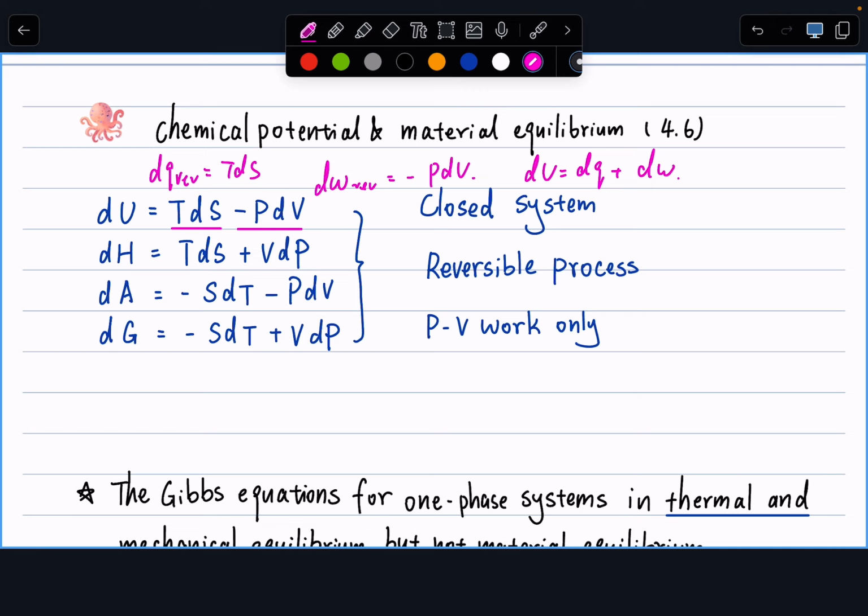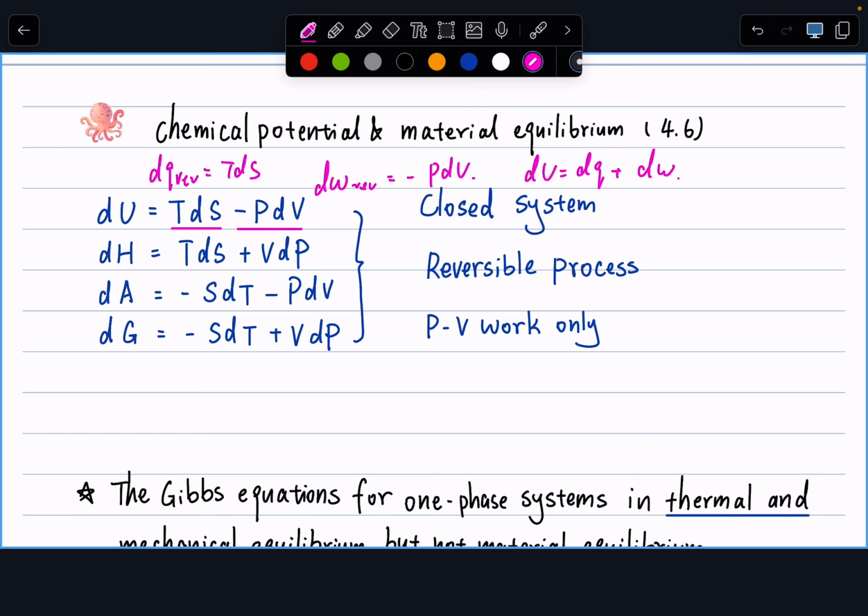We'll take one step further to remove the material equilibrium. So instead of assuming material equilibrium, we're putting material equilibrium to be a question mark. What we want to do today is first introduce a term called chemical potential that gives us a way to describe material equilibrium.